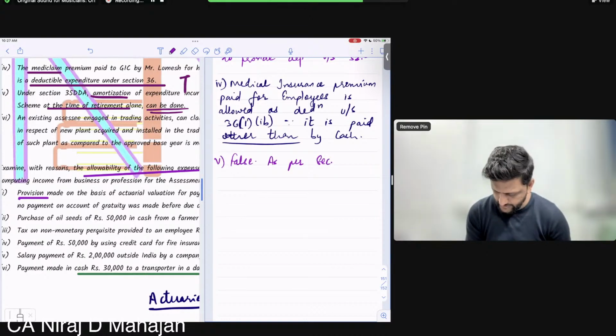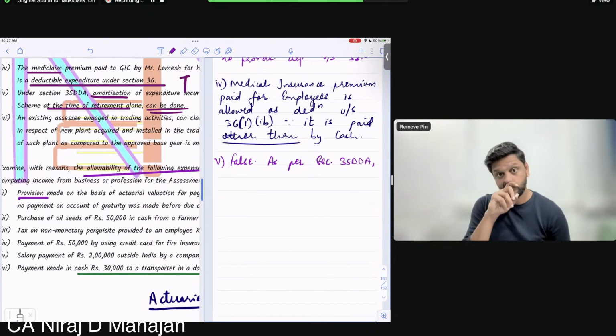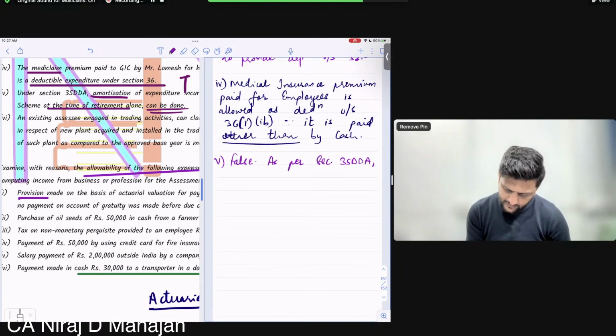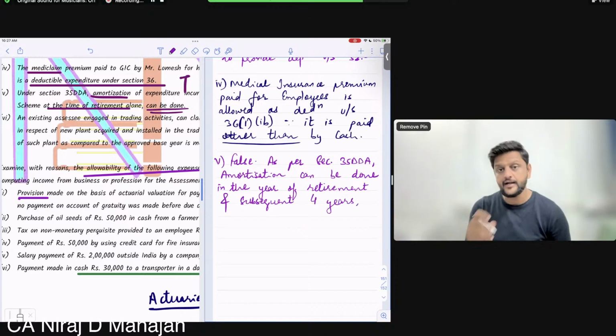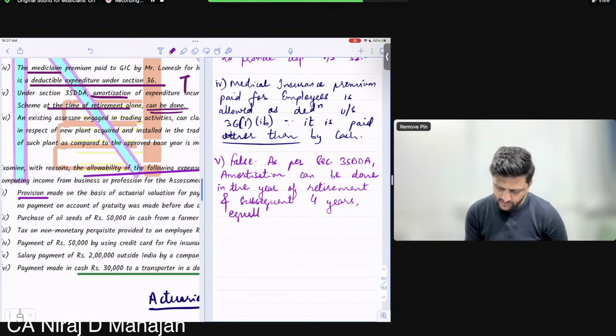As per section 35DDA, amortization can be done in the year of retirement and subsequent 4 years, equally, 1/5 for a total of 5 years.